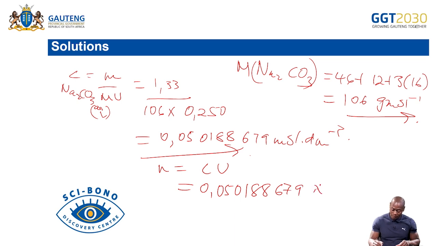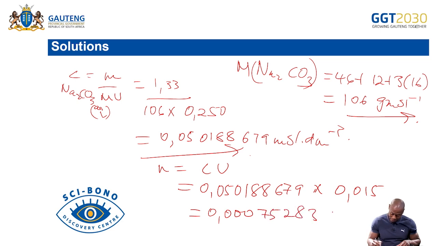The volume that was used to neutralize 22 cubic centimeters of hydrochloric acid is 15, which is 0.015. So what I'm having here is the number of moles: 0.00075283 mole. So these are the number of moles.